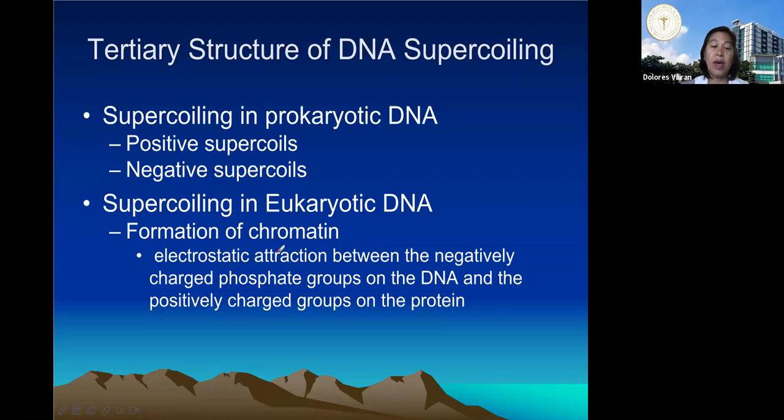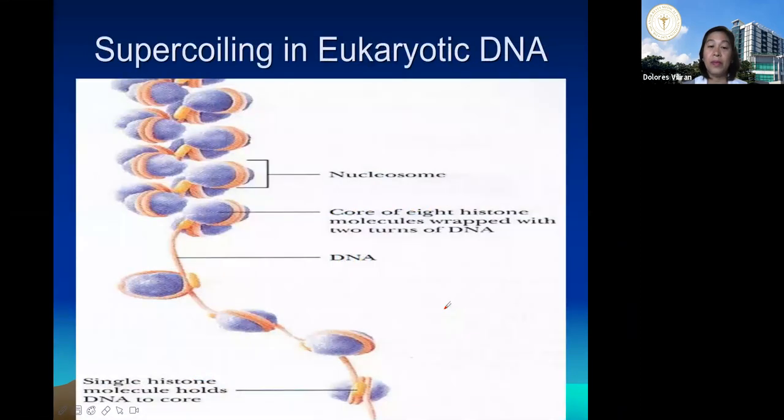And remember, DNA is negatively charged, so there will be electrostatic attraction with a positively charged protein, and that is your basic protein, histone, okay? So again, this is the DNA molecule coiling around the blue circle. This is your histone. Histones are basic proteins, positively charged, interacting with the negatively charged DNA molecule, okay?